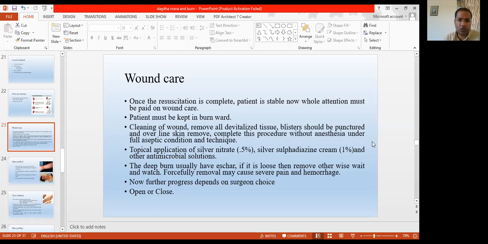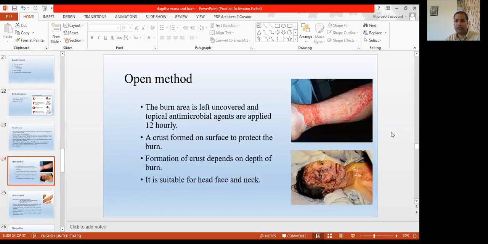After that there are two methods to heal the wound from here. There is the open method and there is the closed method. It's not very complicated to understand. In the open method, we just leave the wound open.